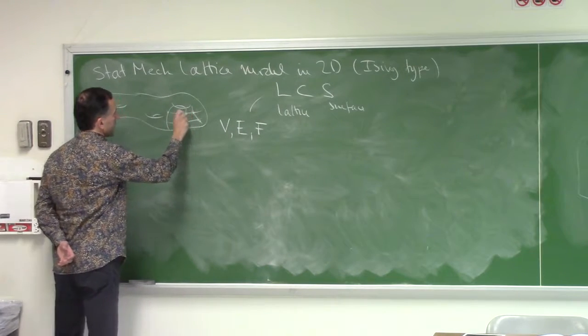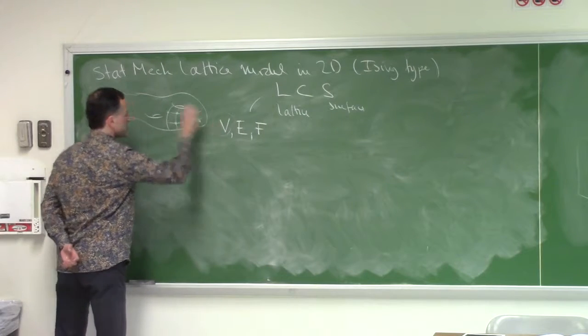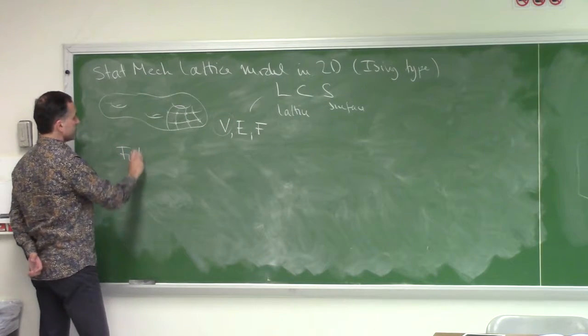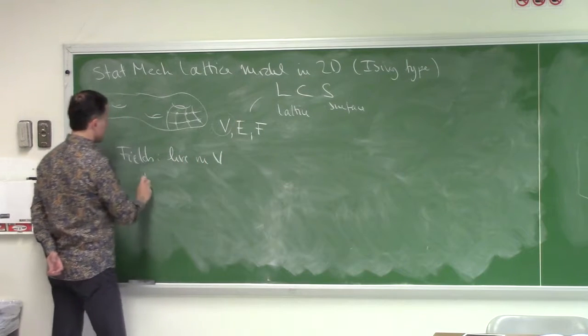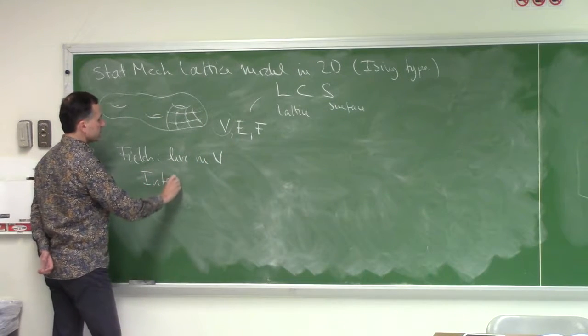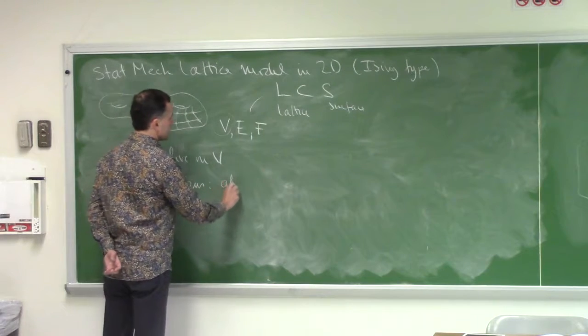Ordinarily you would have fields at every point of space-time, but your points of space-time will just be V. So the fields live on V, and the interactions should happen along the edges.